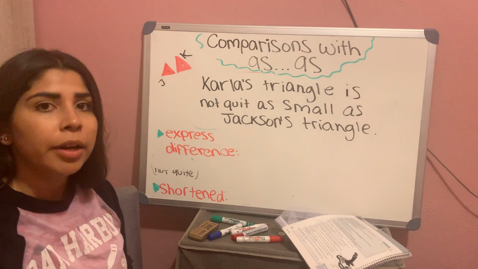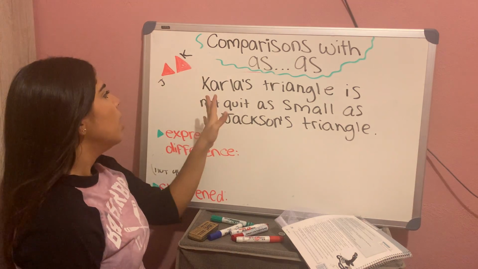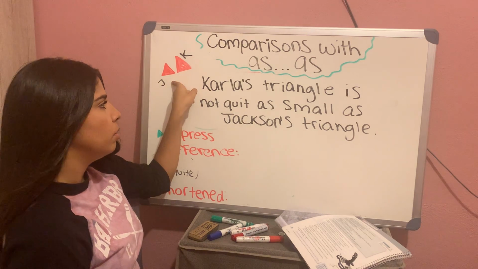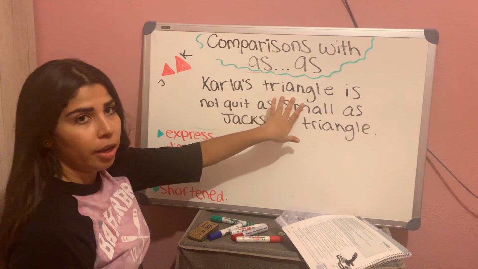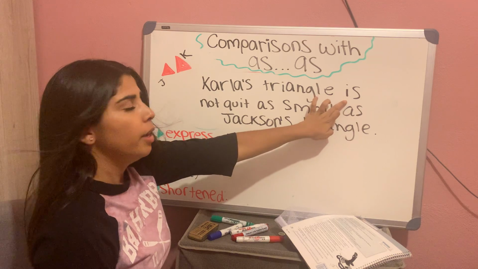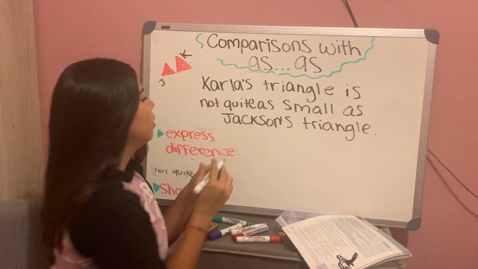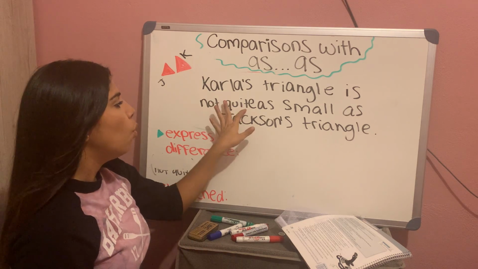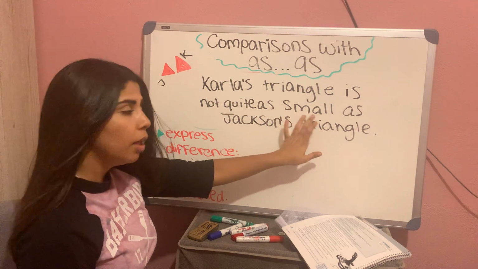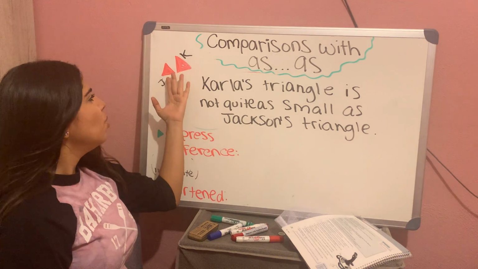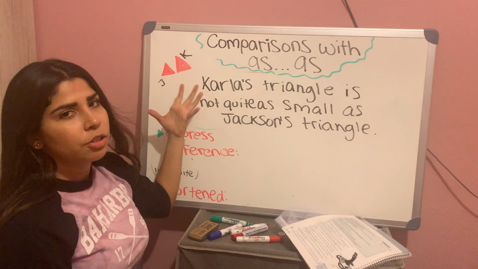So what am I comparing? I'm comparing the triangles. I'm comparing Carla's triangle to Jackson's triangle. So I'm saying Carla's triangle, verb to be, is, I forgot an E right here, is not quite as small as Jackson's triangle. So it's almost, it's not that much difference, okay?